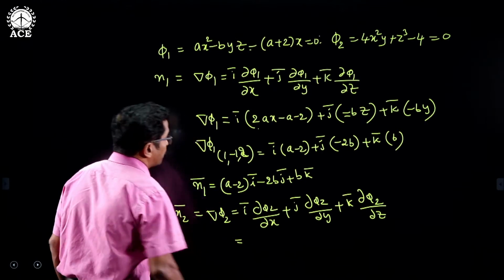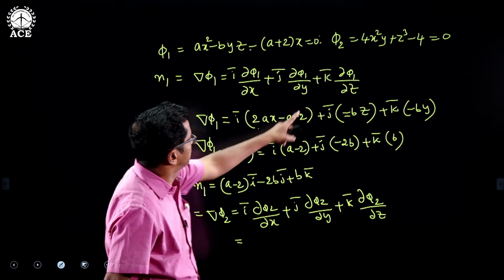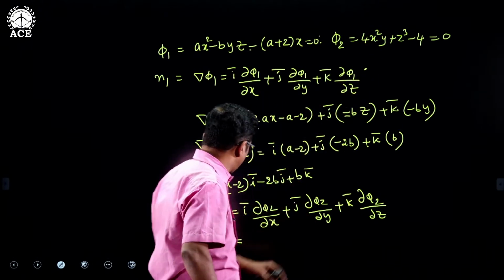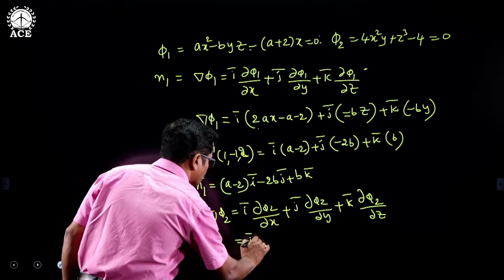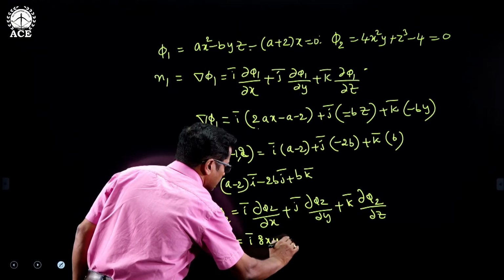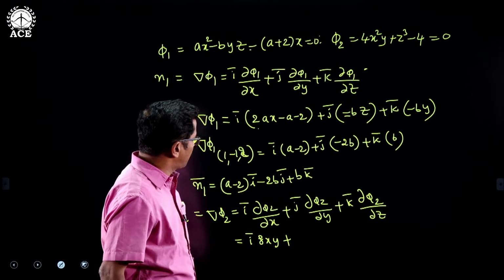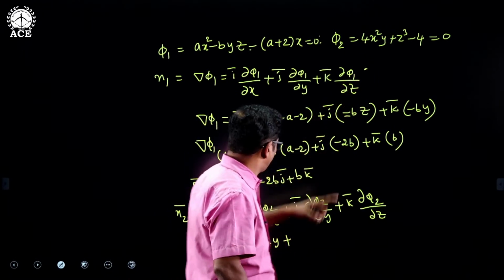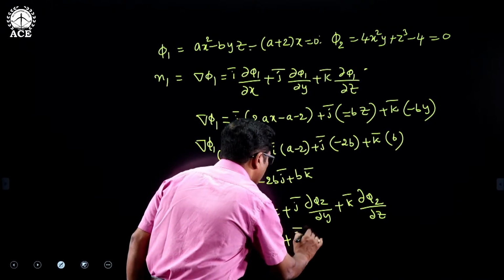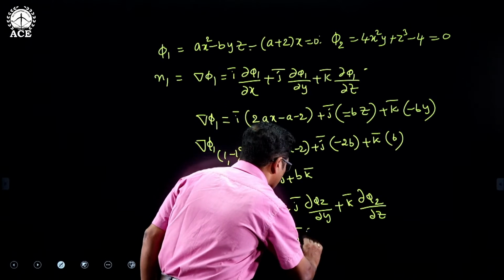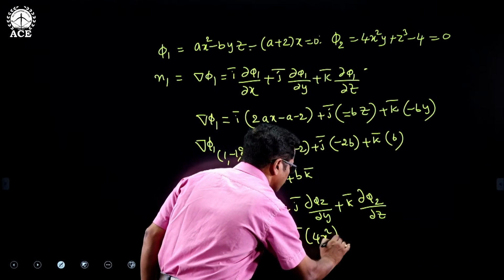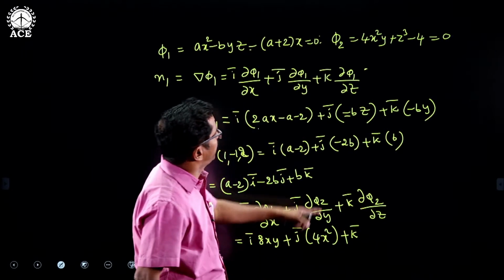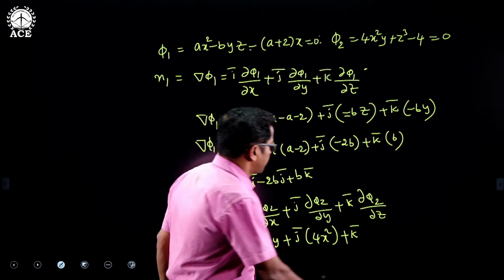So dou phi 2 by dou x: x square differentiation is 2x, 2x into 4y is 8xy, i bar into 8xy, plus j bar into dou phi 2 by dou y, differentiation of 4x square, j bar into 4x square, plus k bar into dou phi 2 by dou z, with respect to z, 3z square.